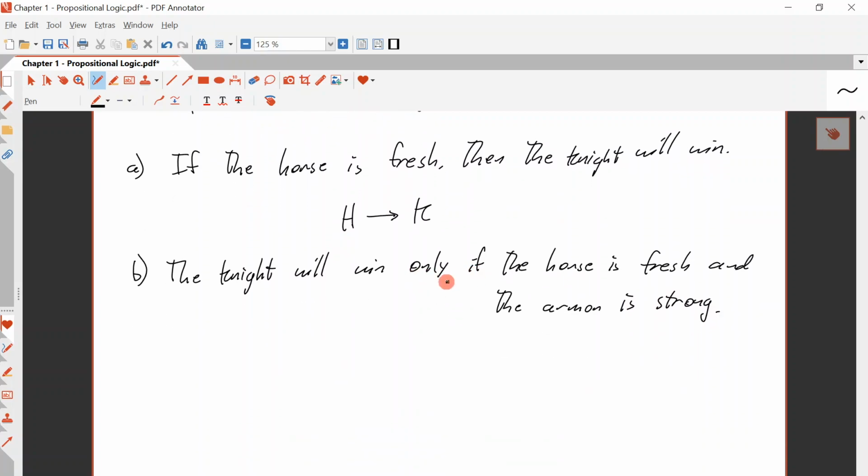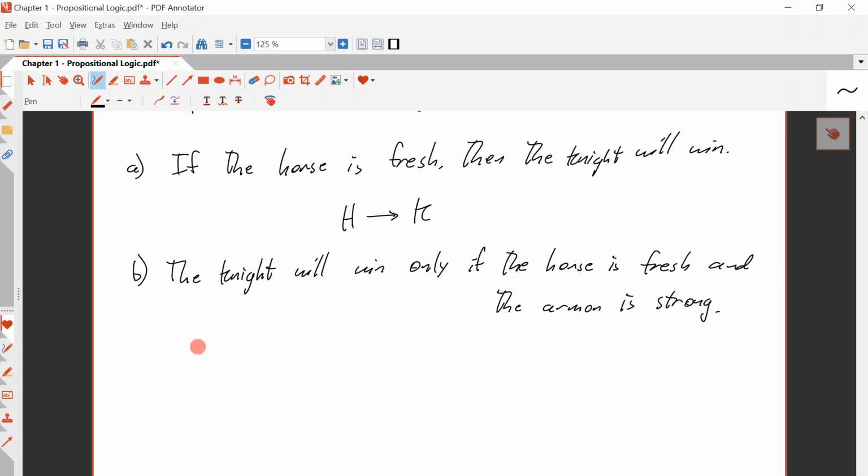So the connector here is only if, the main connector. The main connector in this statement is this. Right? This is the secondary connector. All right, K implies H and A, or H and A implies K.